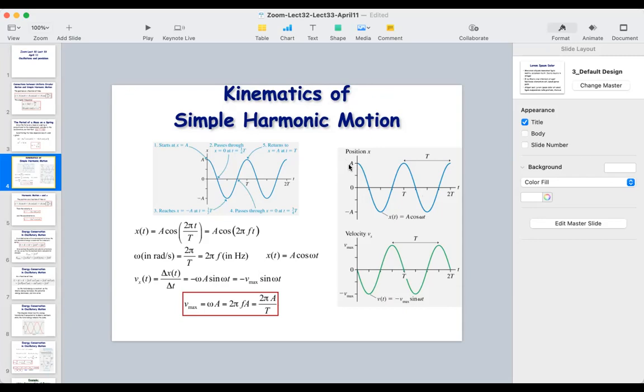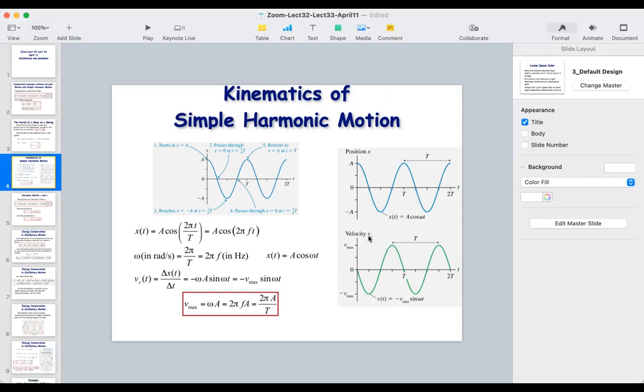We start from A, which is the amplitude of the oscillation, and so our oscillation will go between A and minus A. Here we are at the beginning, and as time passes by, this is the equation of the motion written here, and this is the plot.